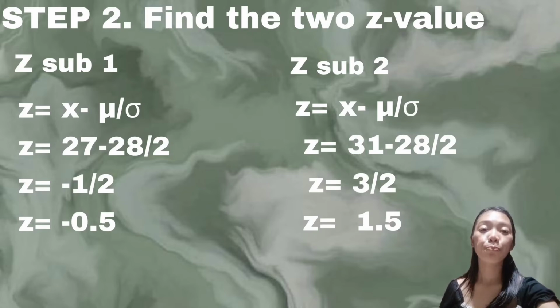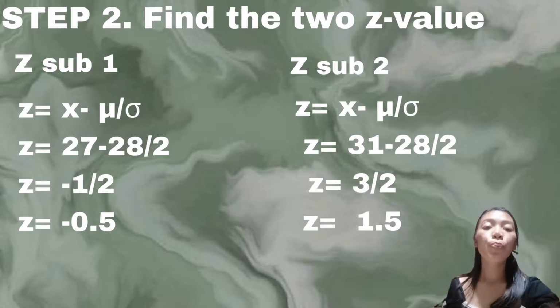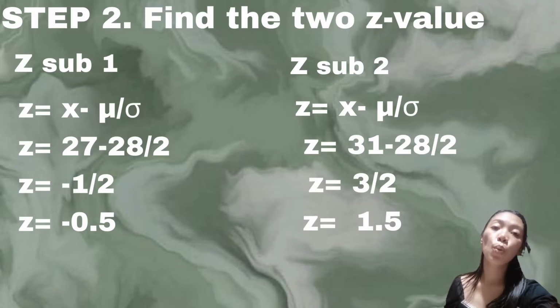So, z sub 1 is equal to negative 0.5, and z sub 2 is 1.5. It is the same steps, class, as how we did it in example number 1.